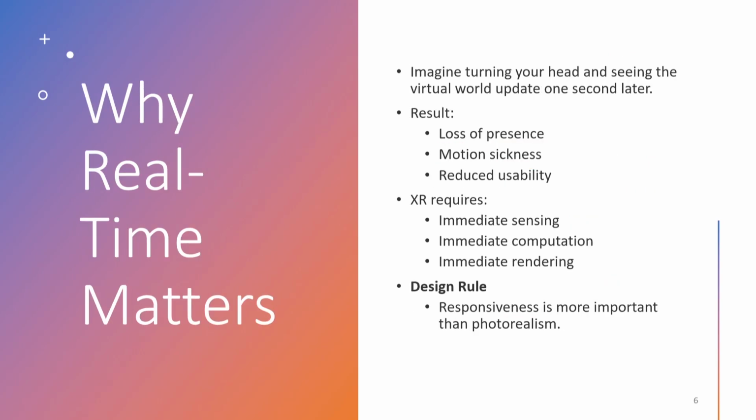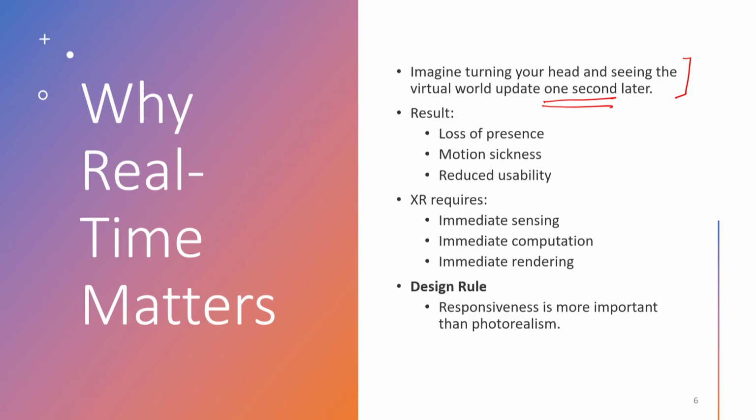A key question is, well, why do we need to render or make an update in the XR system on a real time basis? So, why does real time matter? You can imagine turning your head and seeing the virtual world update 1 second later. Let us say it takes 1 second to update the virtual world.